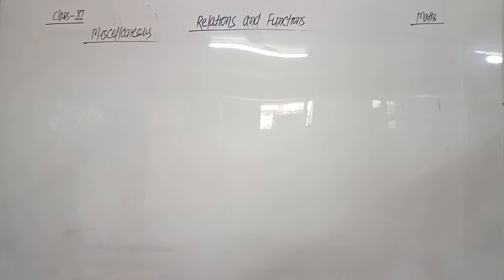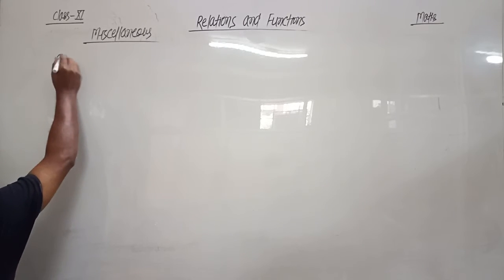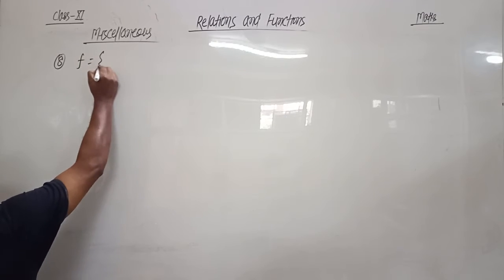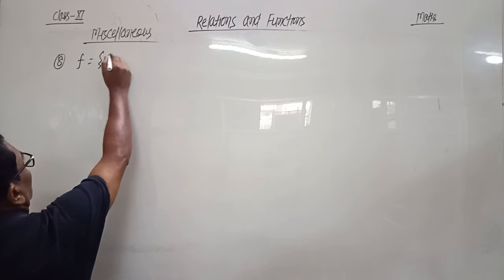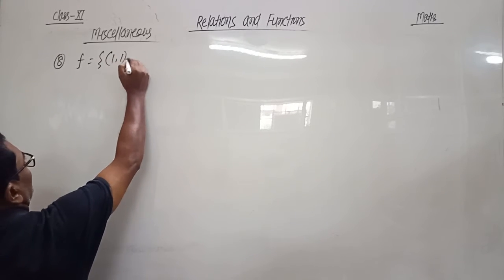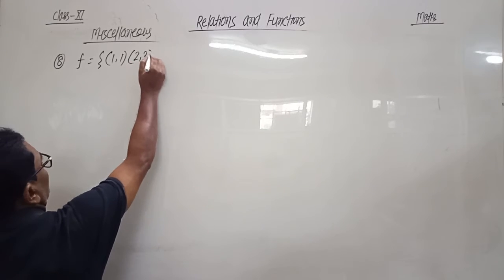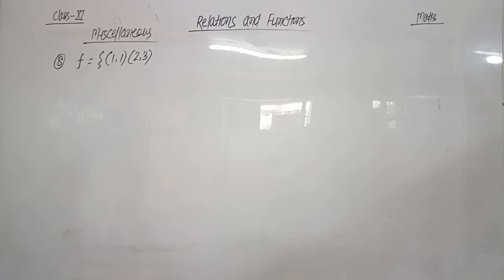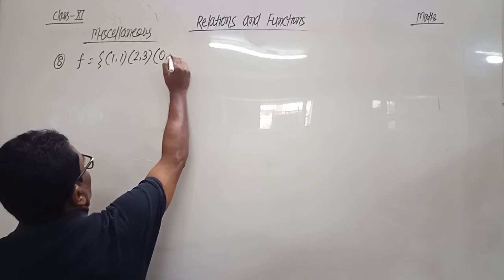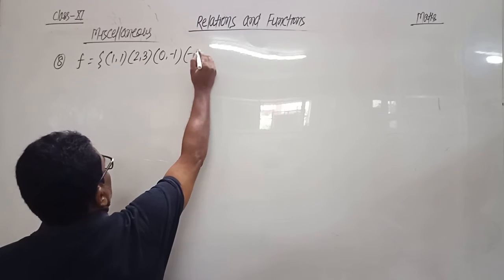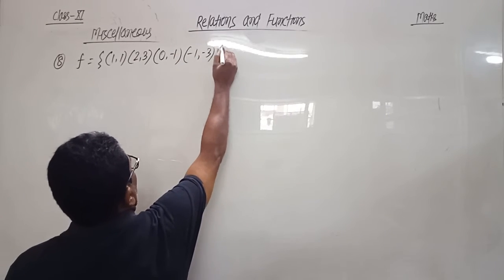Question number 8, the function is given. The function f equals {(1, 1), (2, 3), (0, minus 1), (minus 1, minus 3)}.